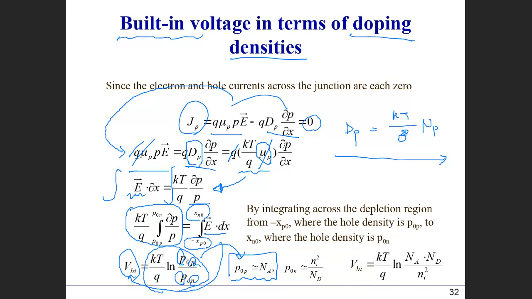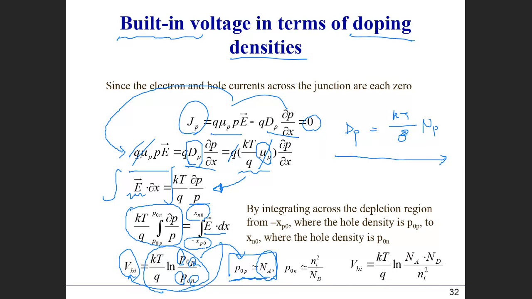In the P side, we use Na, the dopant for the hole. So the total number of holes equals the total number of dopants. We have this relationship.